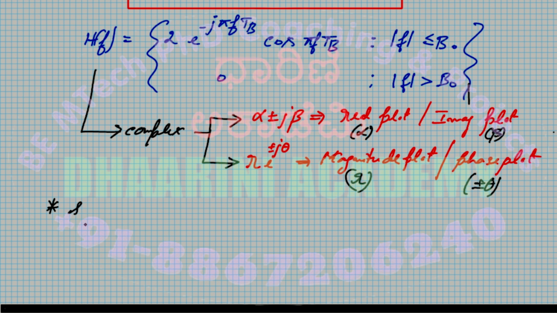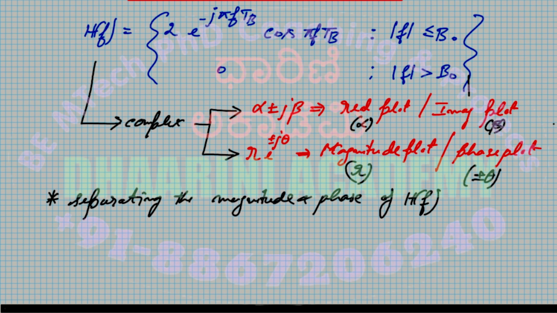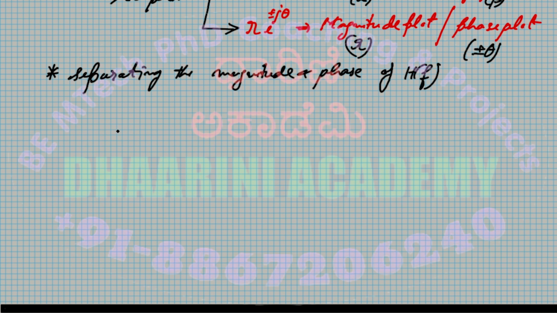So, separating the magnitude and the phase of H of f. Let us try to separate now. First, the magnitude of H of f will be equal to 2 times, now the magnitude means you neglect the negative numbers.